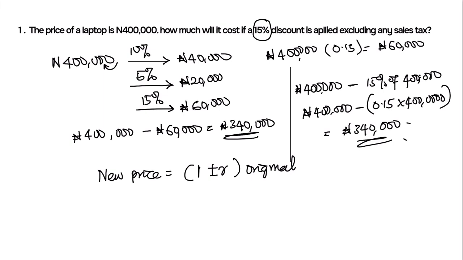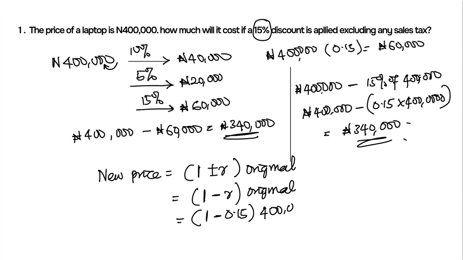So this is a discount, and a discount means a reduction in price. Because of that reduction, this is going to be 1 minus R of the original price. So 1 minus the discount given, which is 15%, in decimal 0.15, of 400,000.